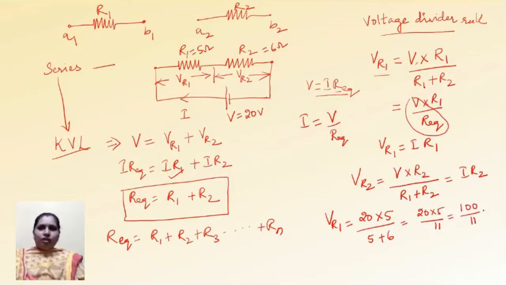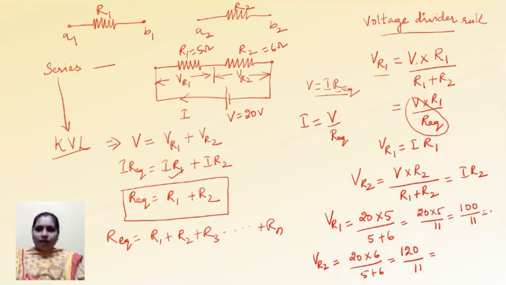Similarly, VR2 is 20 into 6 by 5 plus 6, so it will be 120 divided by 11.